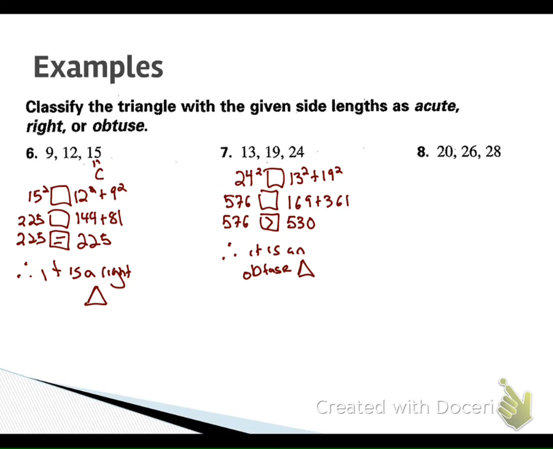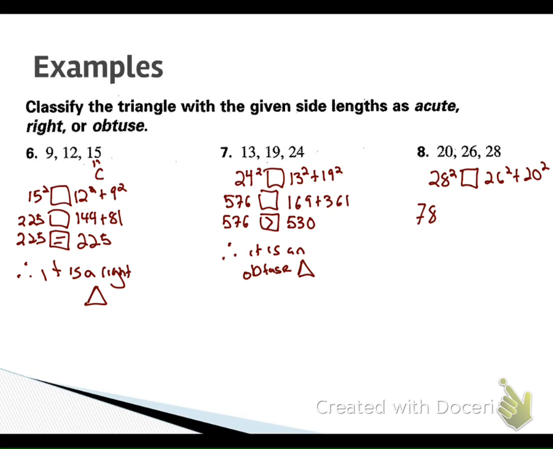Okay, last but not least, our biggest number here is what value? So we have 28 squared, box, 20 squared. Thank you. It's just a good habit. Okay, 28 squared is? 784.